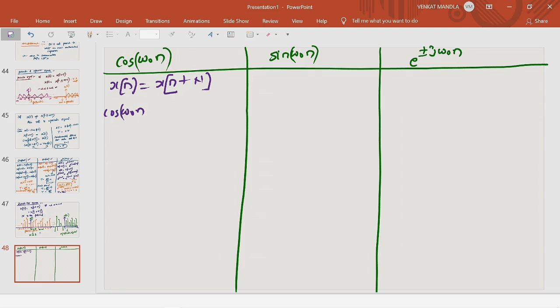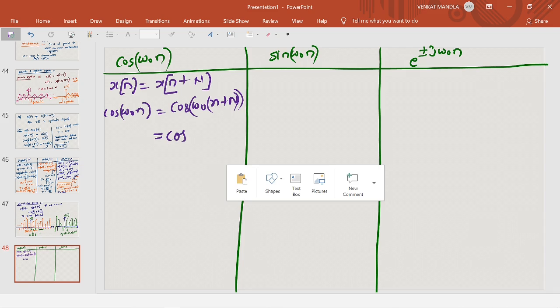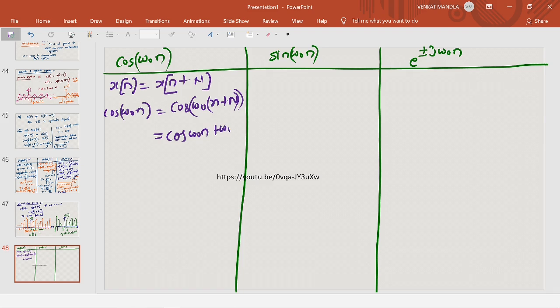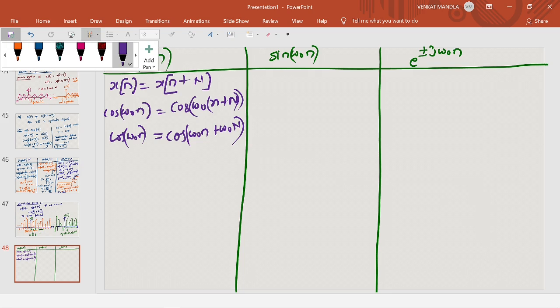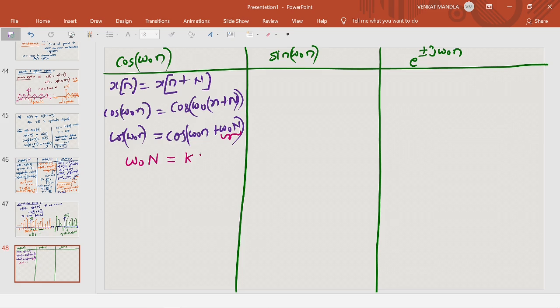Cos omega naught n equal to cos omega naught n plus capital N. Okay, so I will expand this: cos of omega naught n plus omega naught capital N. If this omega naught times capital N is an integer multiple, some k times 2 pi, then this is periodic.